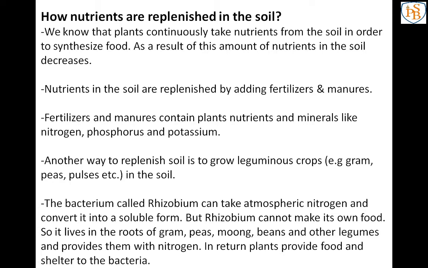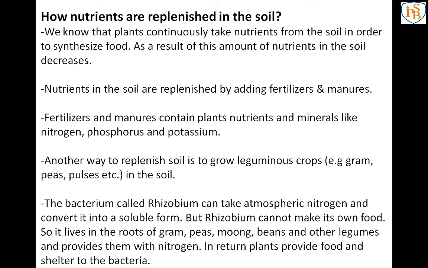When we are using fertilizers and manures, they don't have any disadvantage in that we can use them easily. But when we are using the manures, the result is in less amount. So normally the farmers are using fertilizers for increasing the nutrients in soil.